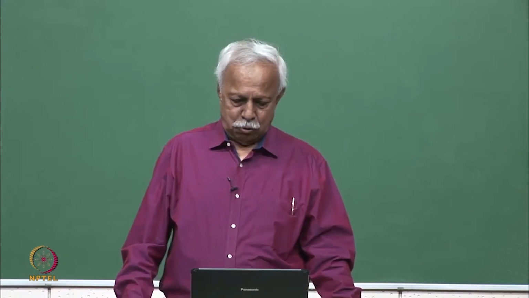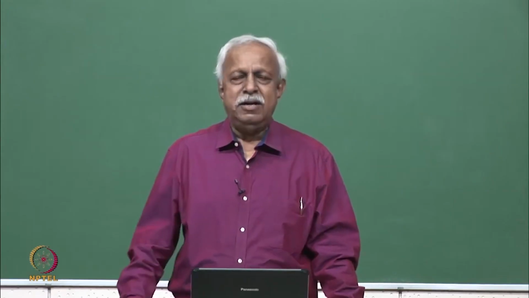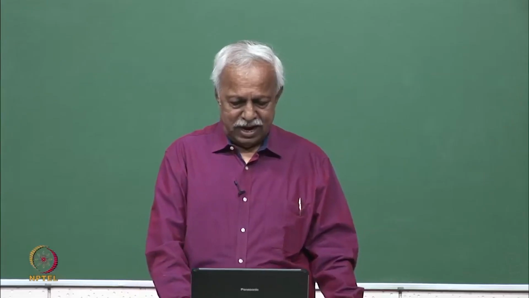If the surface was sloping, we could construct a small element of the fluid of this triangular shape. This element is also at rest. What are the forces acting on this?